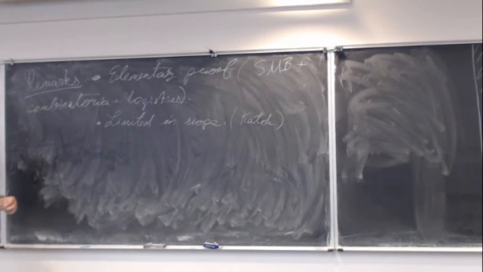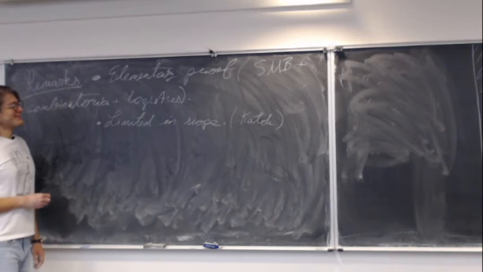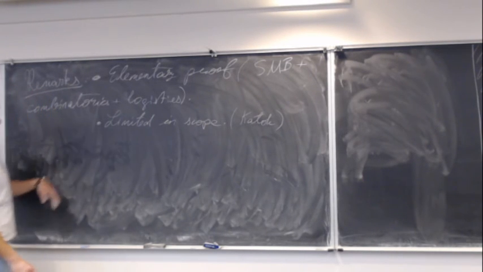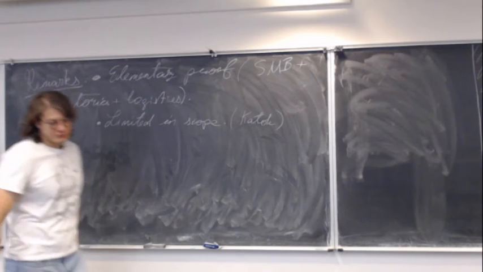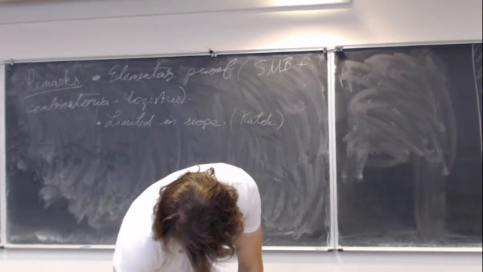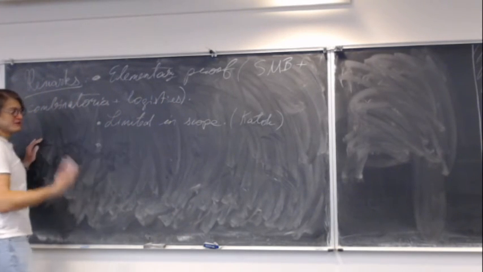Of course, in order to do that, you need to be very good, but it can be done. Elementary proof, limited in scope. And on the other hand, compared to Ornstein, it is telling you more.